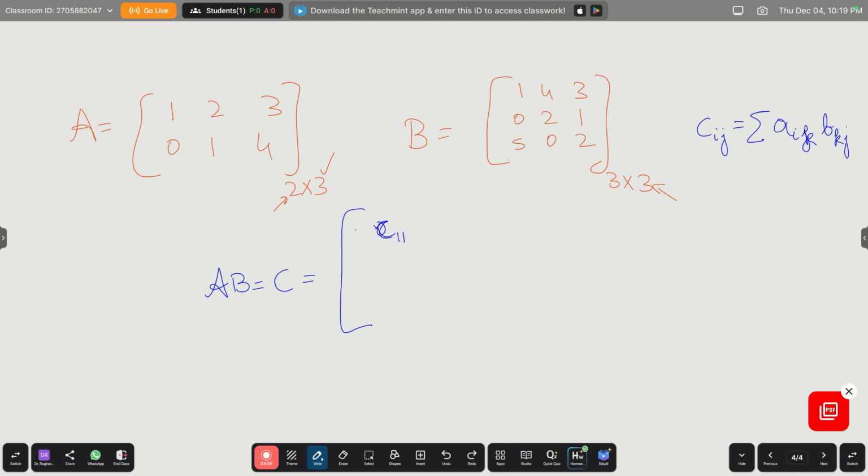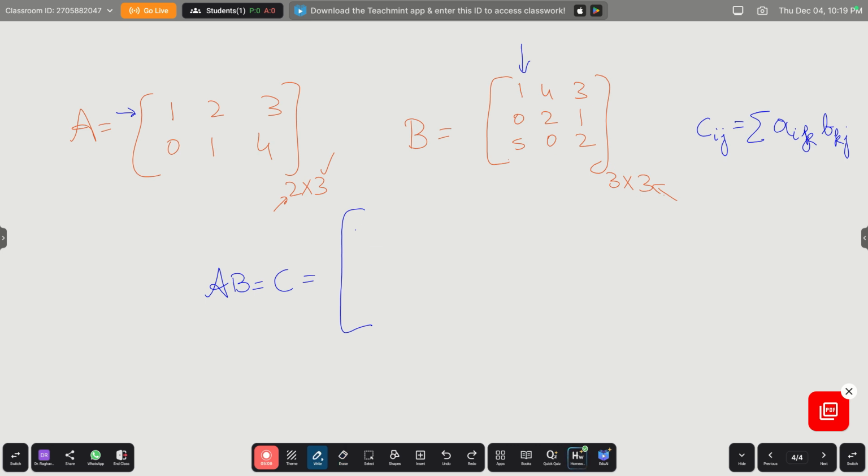If you want to find the element C11, you need to choose the first row in matrix A and the first column in matrix B, not the row. And their sum product is found.